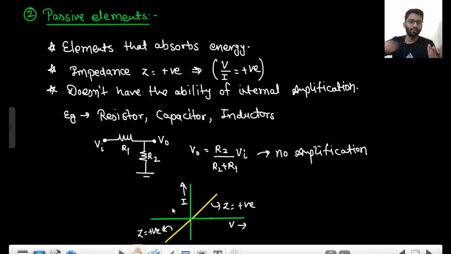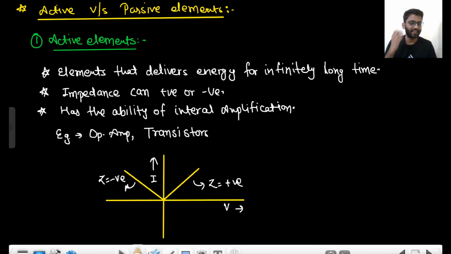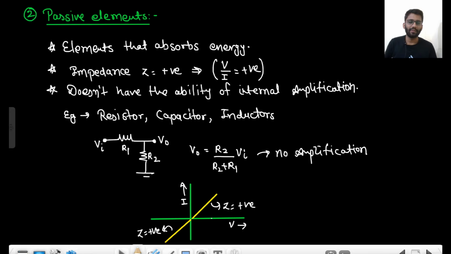So passive elements are those which absorb energy. They are not active. Active elements can deliver the energy. Okay, so that's the concept. Now sometimes what happens is that, note, you will understand this deeply in transient analysis.